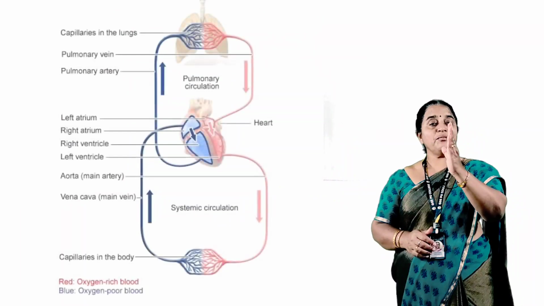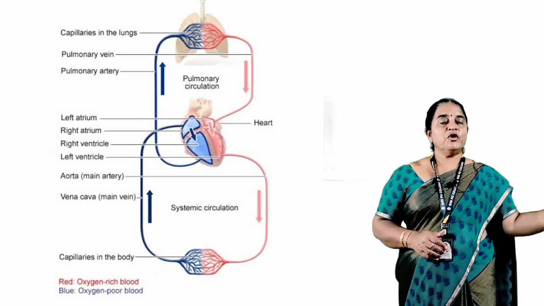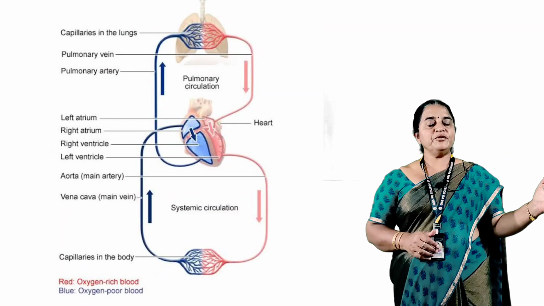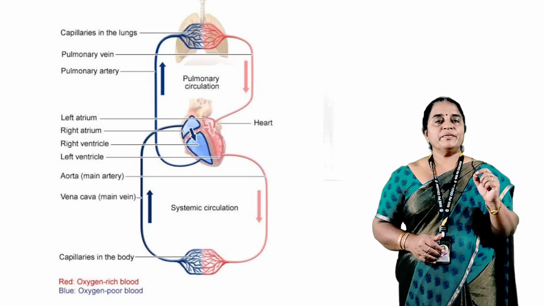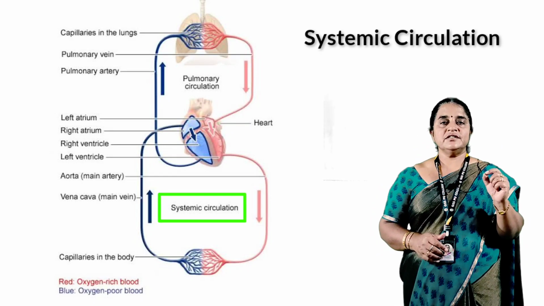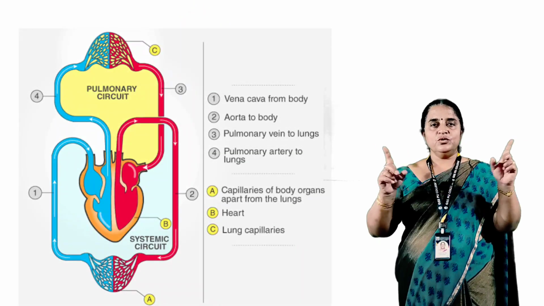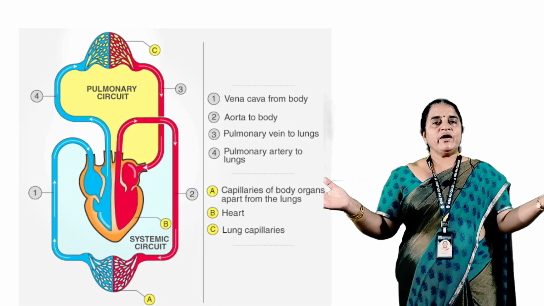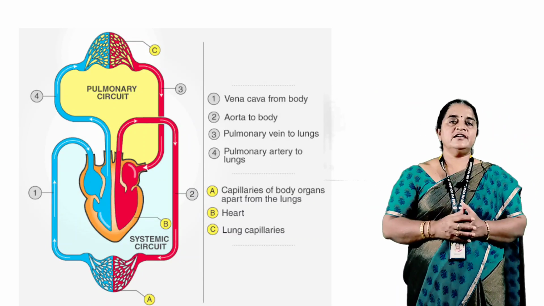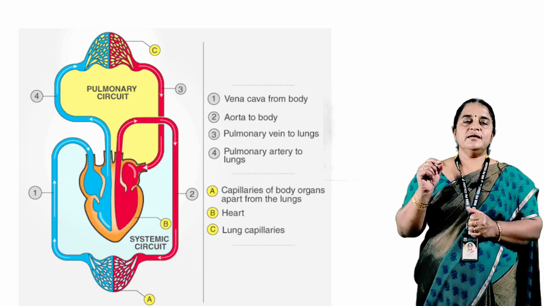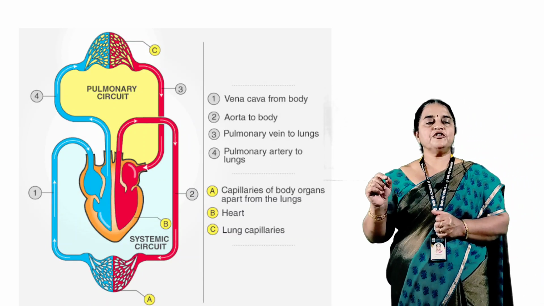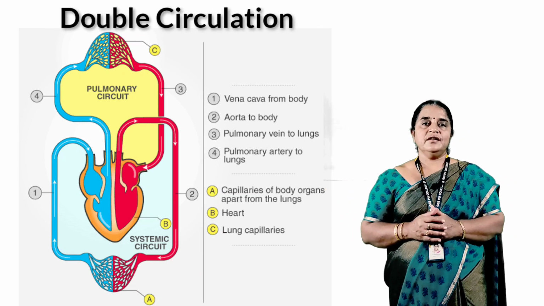The blood flows from heart to body parts to heart for distribution and collection, comprising systemic circulation. So single organ, two pumps, two circuits, and twice the blood flow enters the heart. Hence, in humans, the mechanism of circulation is said to be double circulation.